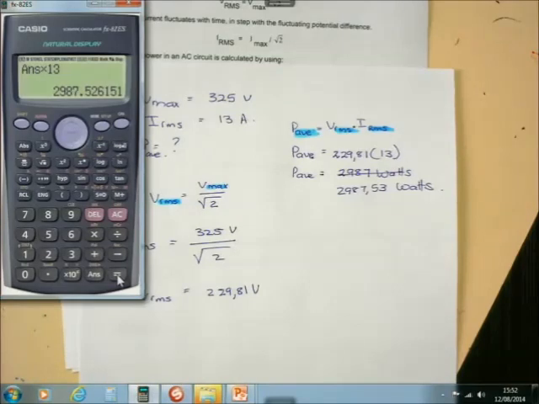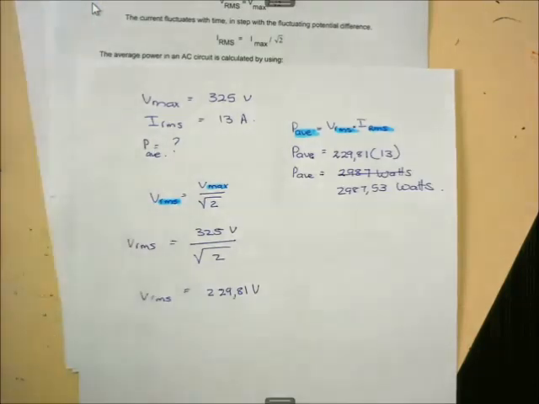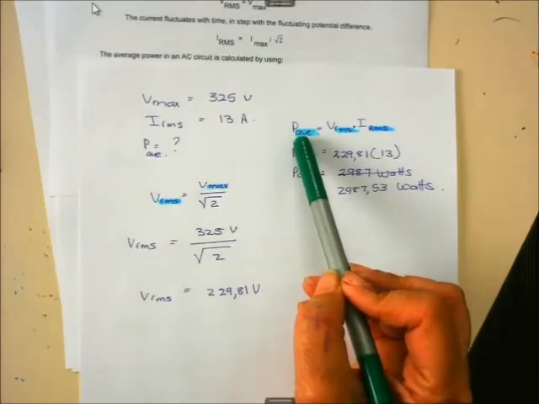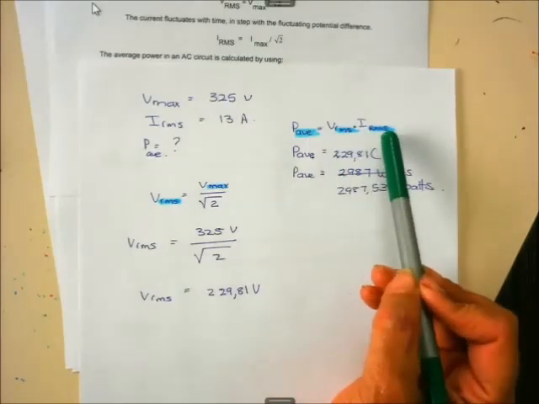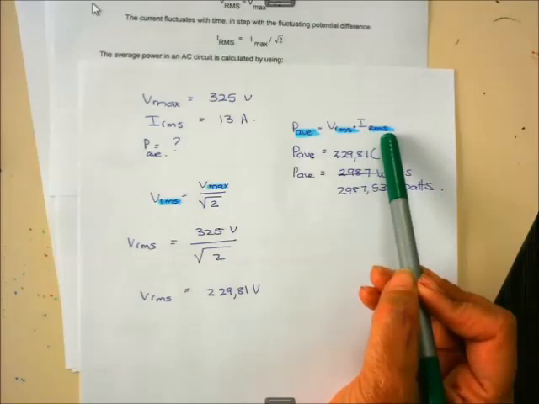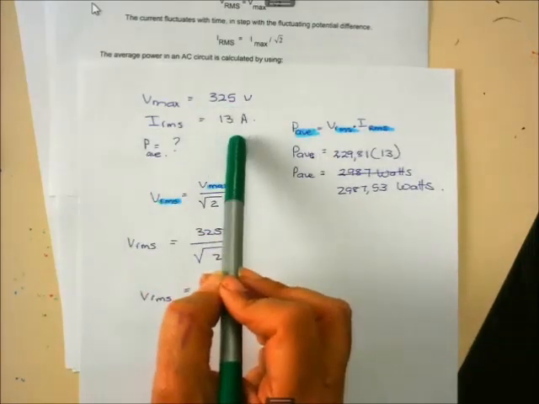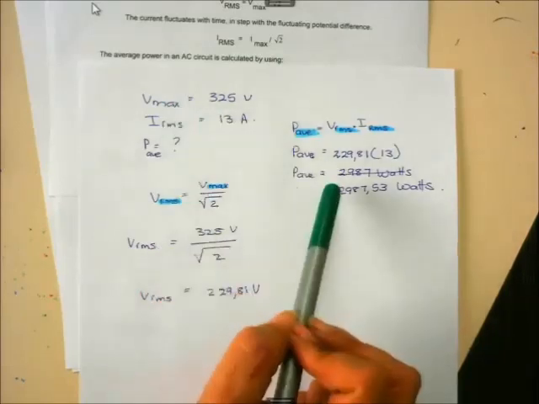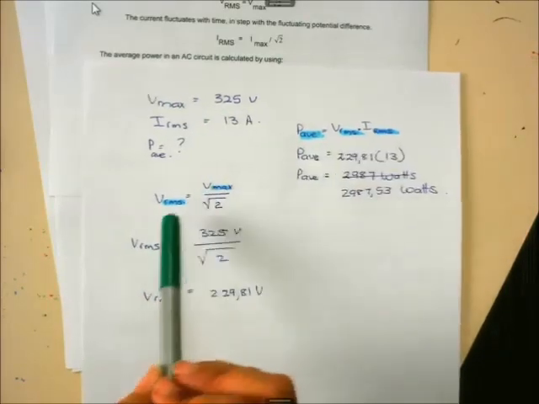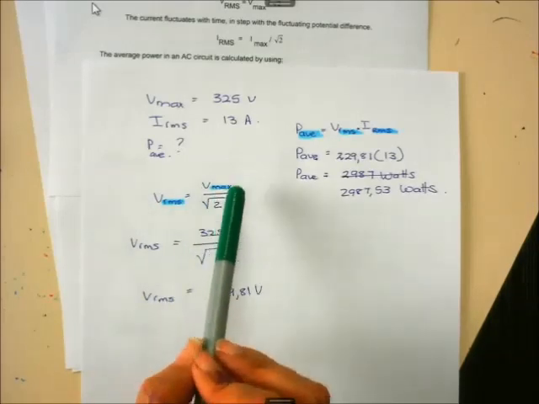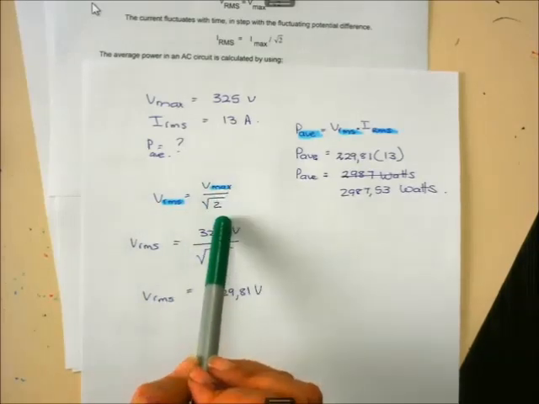Okay, do I need to go over that again? Let me just quickly go over it for you. Right, what happened was I was asked P average, okay? I have a formula which says P average is equal to VRMS times IRMS, okay? I've been given IRMS. I have not been given VRMS, but I have a formula which says VRMS is equal to Vmax divided by the square root of 2.